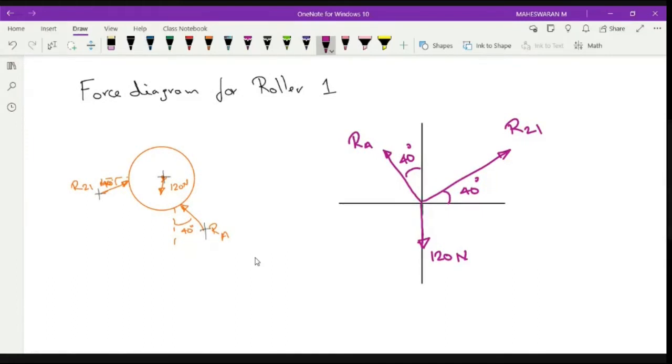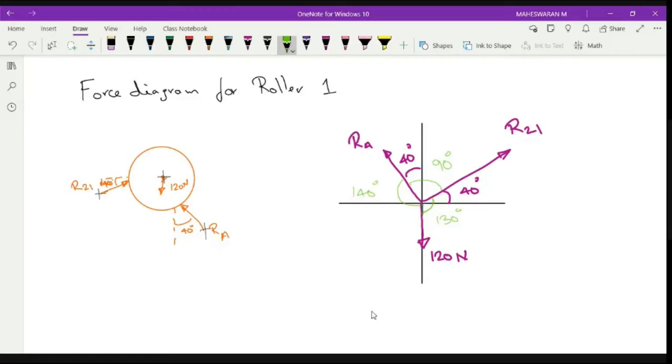So there are 3 forces, and I can use Lami's theorem to solve this. If I apply Lami's theorem, I have to identify the angle values. This is 50 plus 40, and this is 90 plus 40, so it is 130 degrees. What about this one? It is 140.